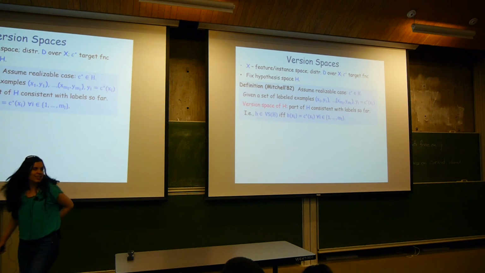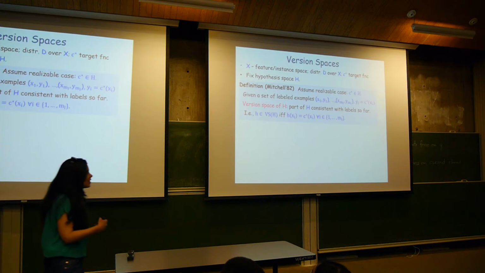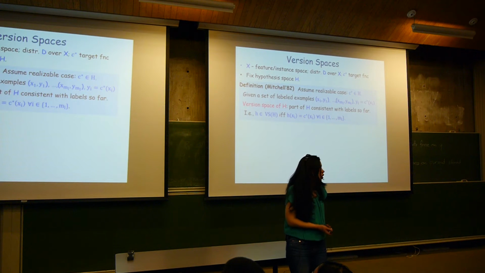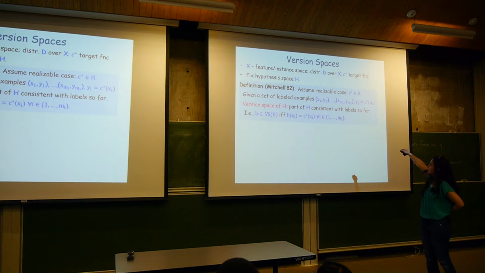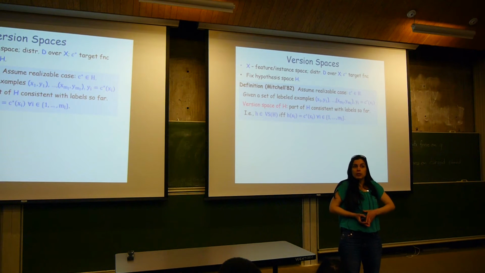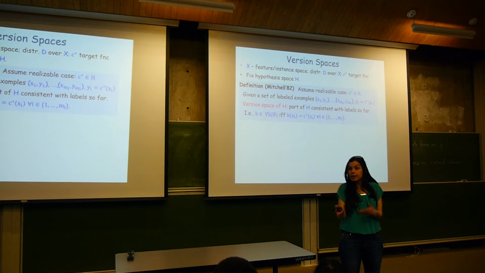Now, given this, here is a notion. I don't think we covered this in class. Tom typically covers this in his previous courses, but so far we didn't cover it, and it turns out to be a very useful notion in this context. Let me define something called the version space, which is crucial for this type of algorithm. We have some learning problem and we have seen some labeled examples, IID or not.